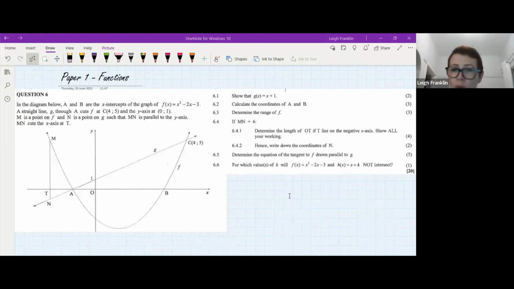The first thing that they want us to do is show that the equation of g(x) is negative x plus 1. So instead of me always telling you guys what to do, what would you do here? What do you think is the correct thing to do here, Matrix? How could we start this question?